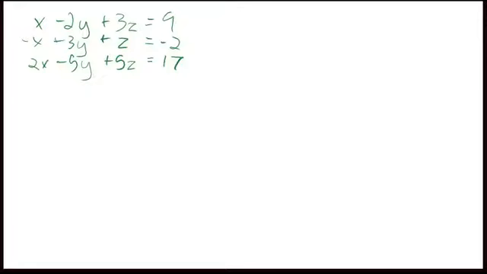I said I'm going to add these two together because I'm seeing that these x's are going to cancel out. So let's do that. X's cancel out. 3y minus 2y is going to leave 1y. And 3z plus z is going to be 4z. And 9 minus 2 is, on the other side, is going to be 7.